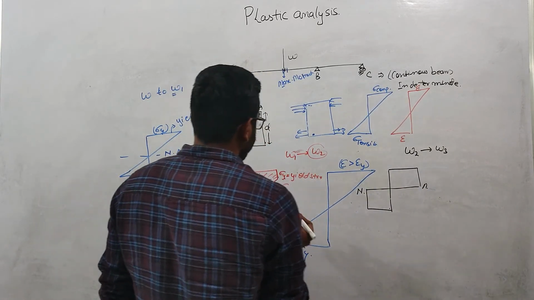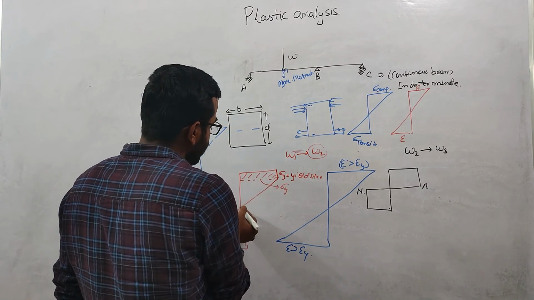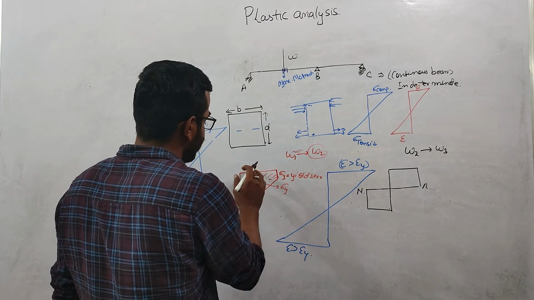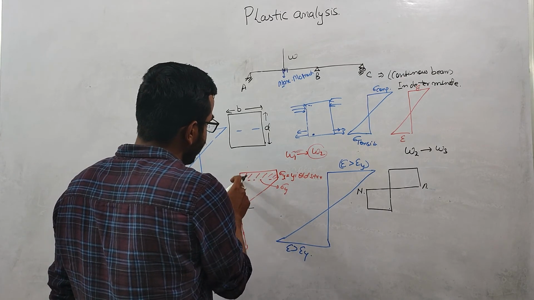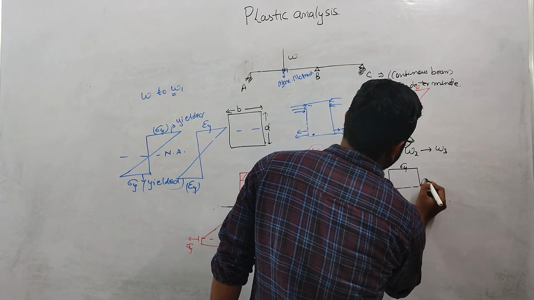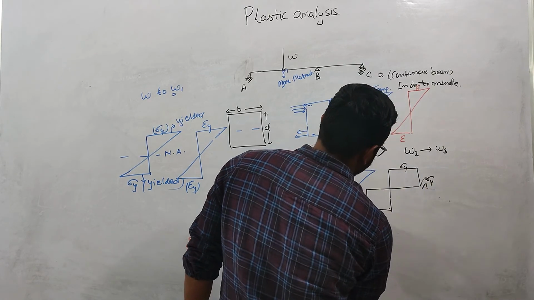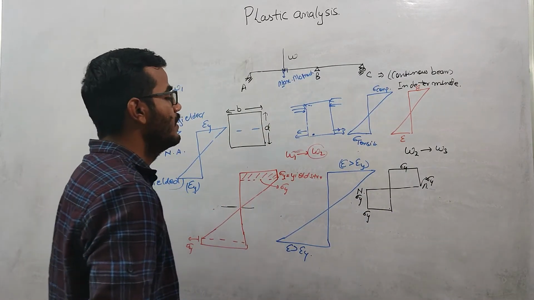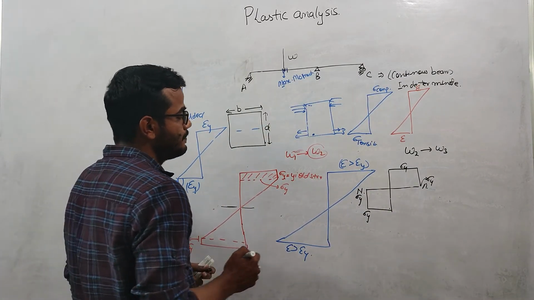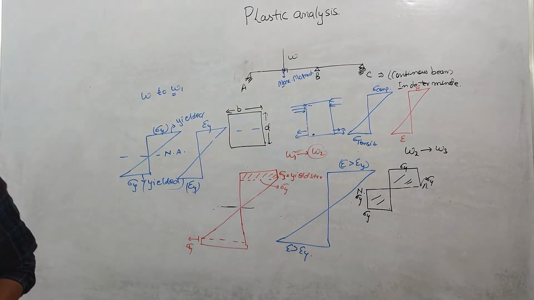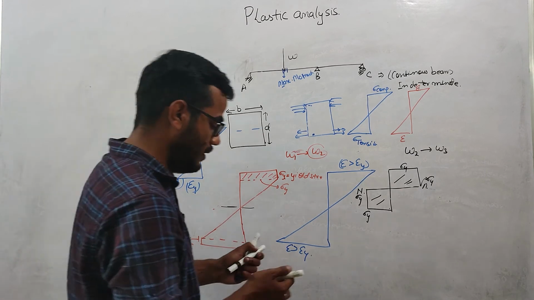The yielding will start from the top fiber and come down to the neutral axis. Here the stress is sigma y, and here also sigma y. Similarly here sigma y, and at this point sigma y. So you can see that at this point all the fibers in the structure have yielded, right?